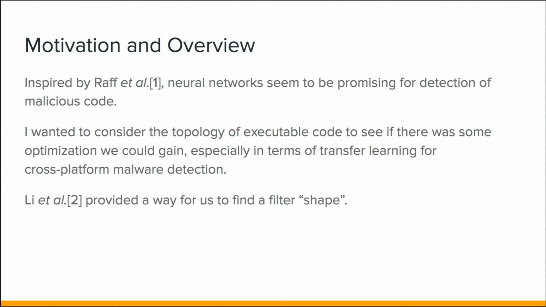Transfer learning exists. And I wonder if there's something around the filter shape that we could use. And so I looked at a paper by Lee and found that there actually is a way to compute an optimal shape for a filter, or the support of the kernel, right?